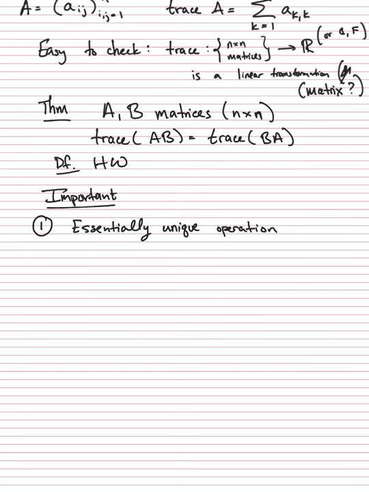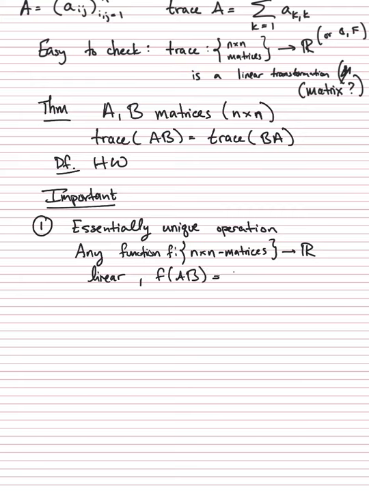In other words, if I have any function from the n by n matrices to the real numbers, or again, the scalars in question, which is linear, say f, and satisfies f of AB is f of BA, then f is like the trace, or is proportional to the trace.